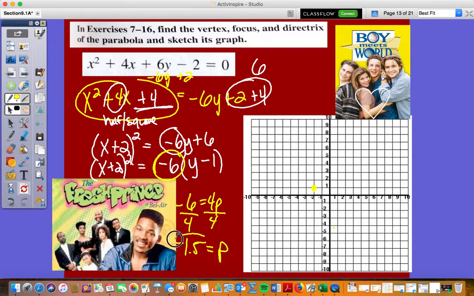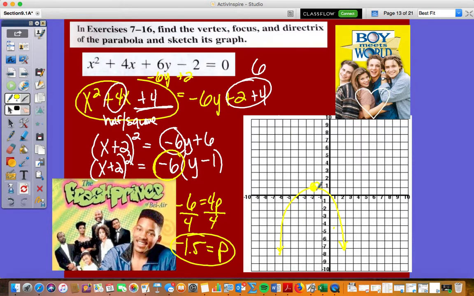Good. Nice. So let's just draw it up here. We've got this point. Diego, you helped me out earlier. Where is this going to go now? Up or down? Down. Good. So this is our vertex, so we're going to go down. P-value is 1.5, right? To get to our focus, where will it go? So here's our vertex.